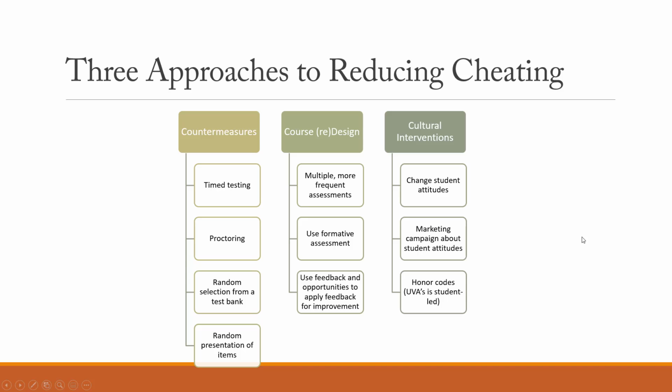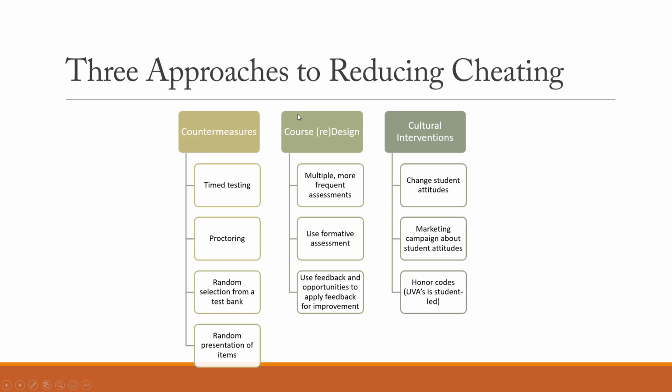Okay, so let's take a look real quick at three approaches to reducing cheating. There are basically three different levels. Most people talk about countermeasures. But anybody who works in a field where they use countermeasures, like national security or things like that, will tell you typically countermeasures only have limited effect.